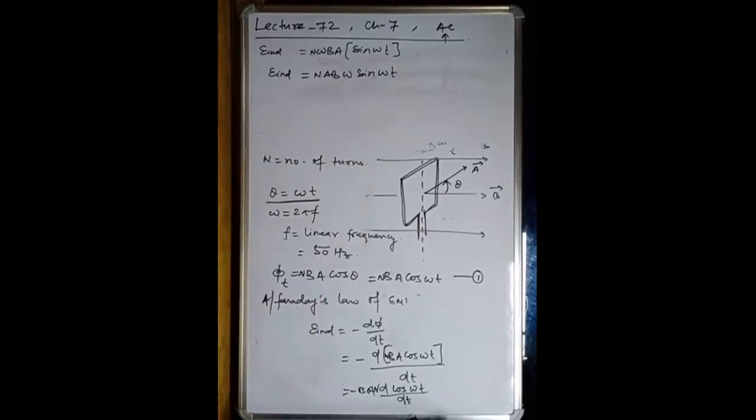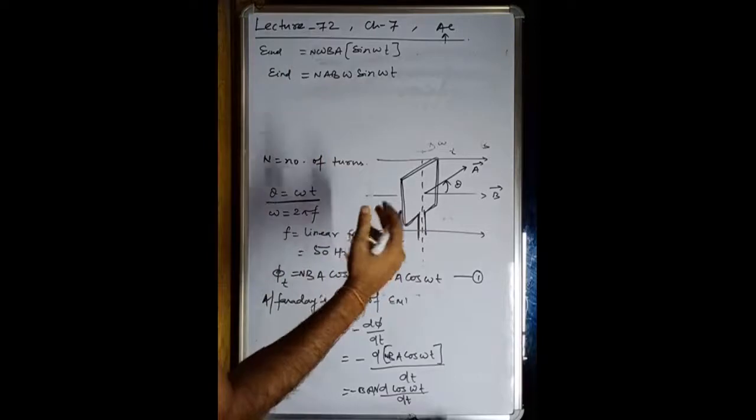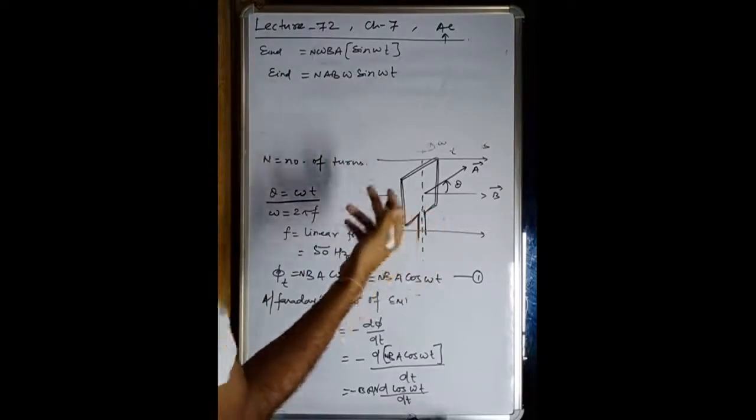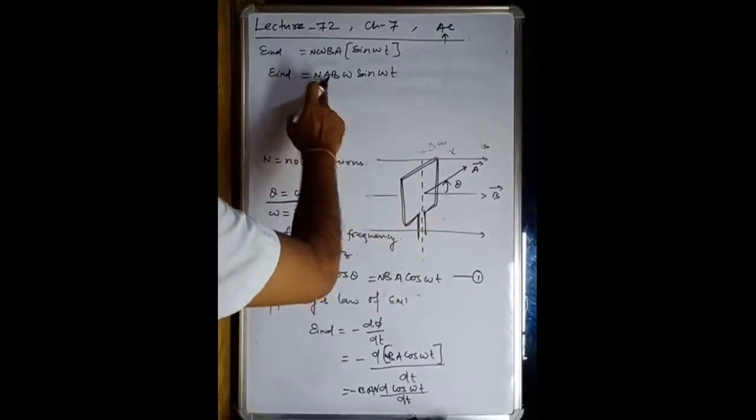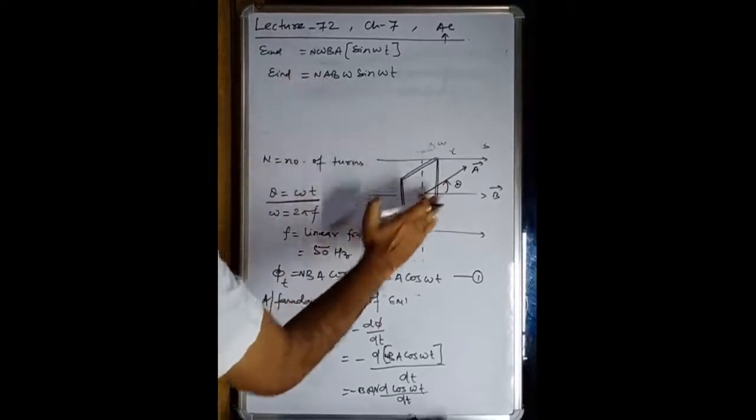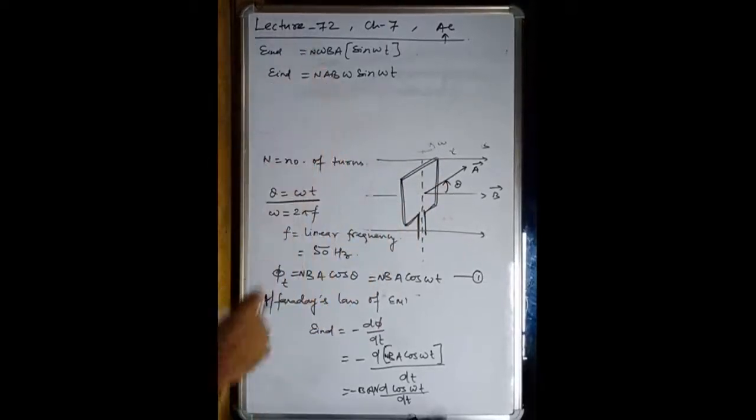Now you can see what are constant and what are the quantities that are changing. Here the n number of turns is not going to change. How many turns it is taking doesn't matter. The cross-sectional area of the coil is not going to change. B, the magnetic field, is uniform. Omega is constant.